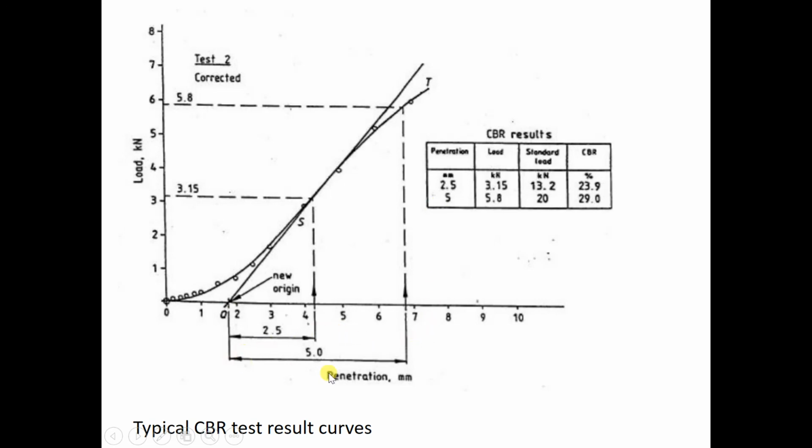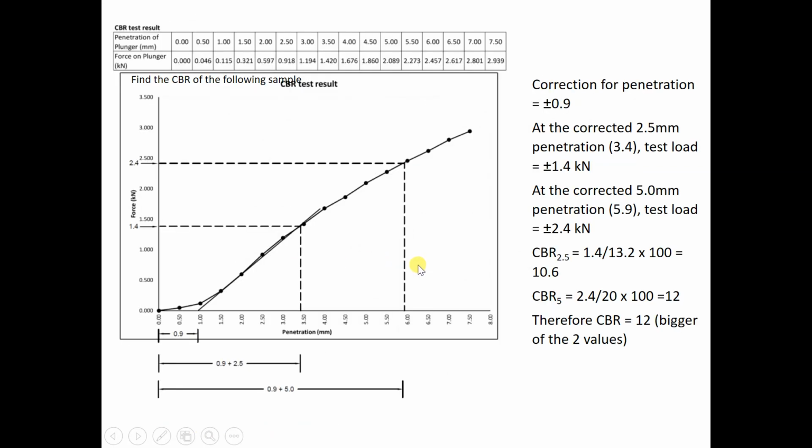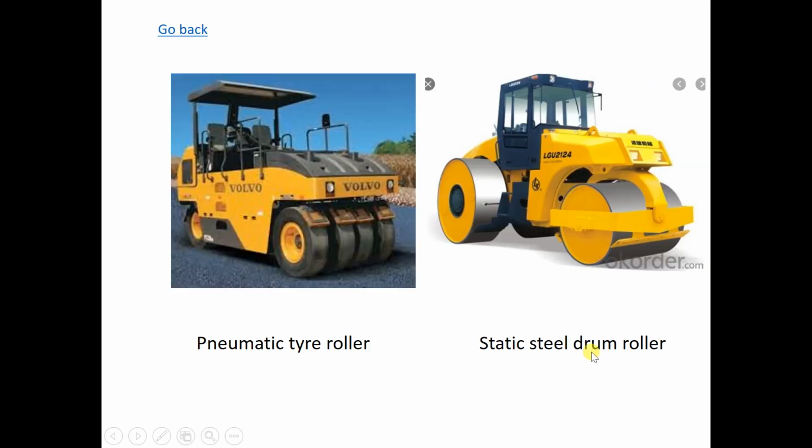Then for the next one, 5 mm, it is 5.8. The first one is without correction, the second is with correction. This is just an exercise on doing the CBR.